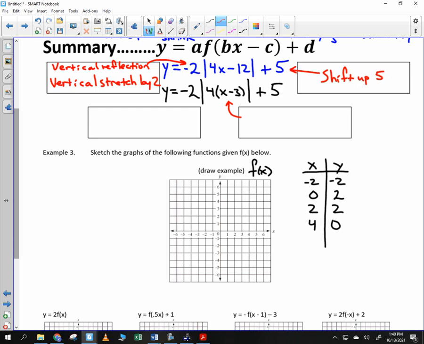Right, 3 units. So you can see that if I don't factor the 4, people will think that maybe the shift was 12 units, when in fact the shift is 3. And then finally, this 4 is going to create a horizontal stretch or shrink. Good. This would be 1/4 horizontally reduced.